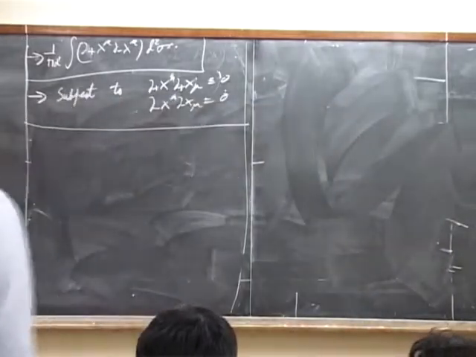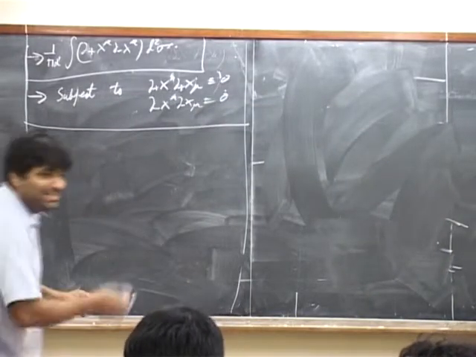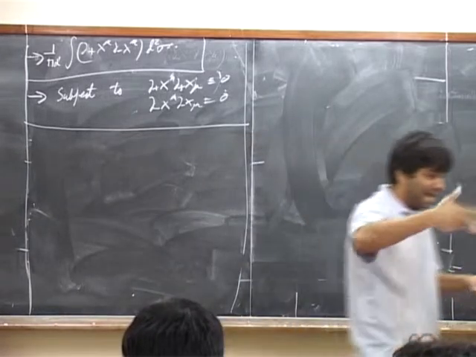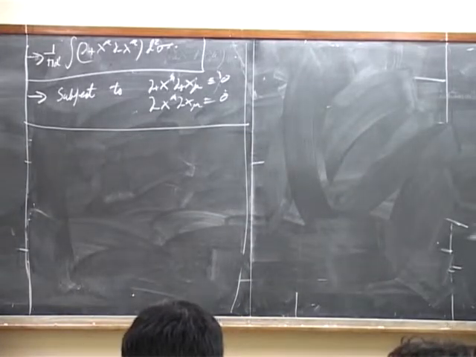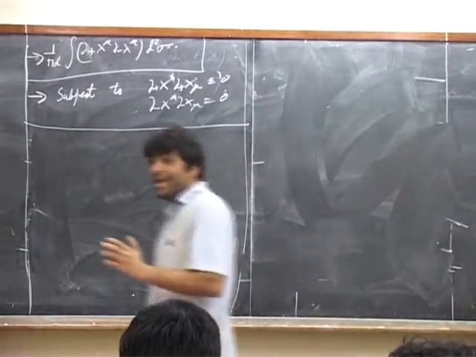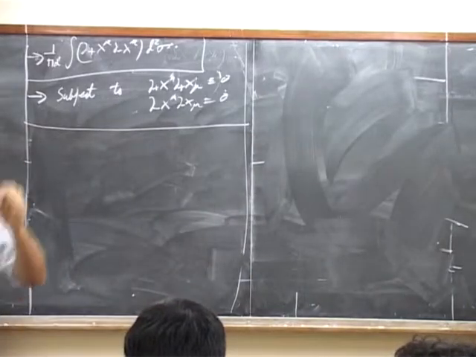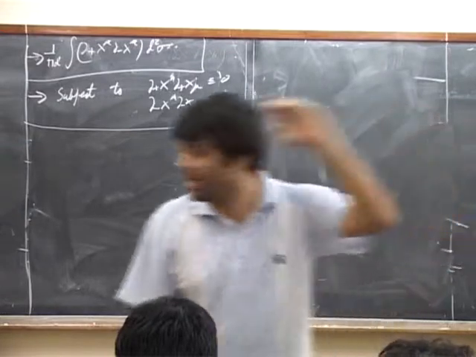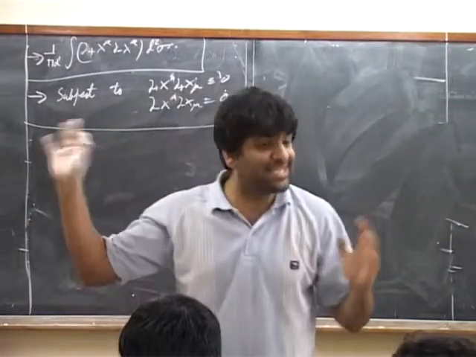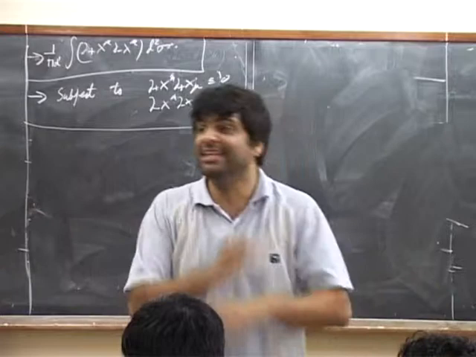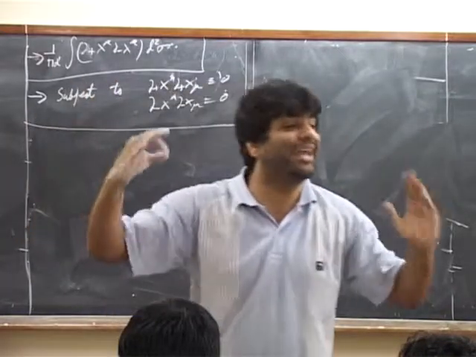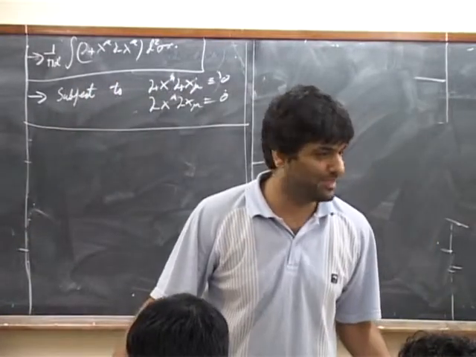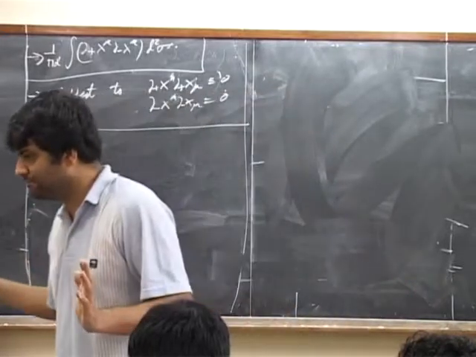So any change of coordinates, any reparametrization of the theory whose effect is to perform an overall rescaling of the metric in this gauge, is a symmetry that we have not yet fixed. Is this clear?